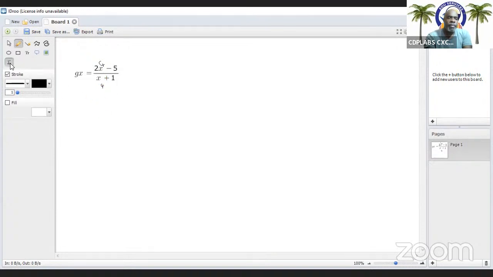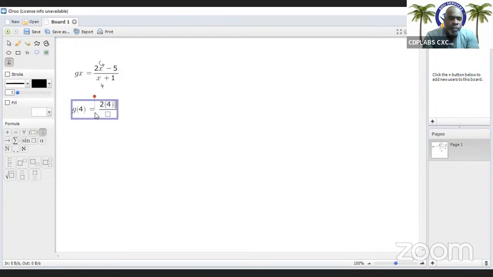So we can rewrite that by saying G of 4 is now equal to 2 bracket 4 minus 5, over 4 plus 1.